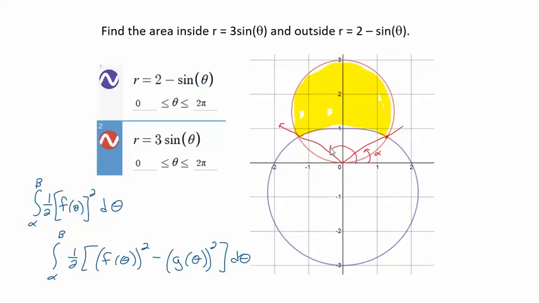So we have to figure out the coordinates of these 2 points to figure out what alpha and beta are. The theory behind this is you're finding the area of these sectors. We could draw these sectors, and we're letting the number of sectors go to infinity. So what you're really doing is subtracting the area of this sector minus the area of this sector.